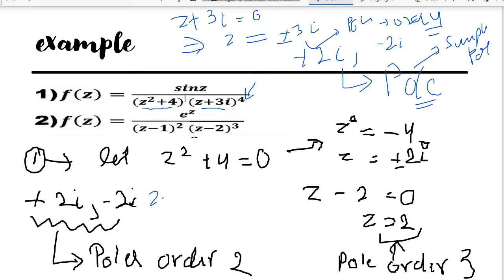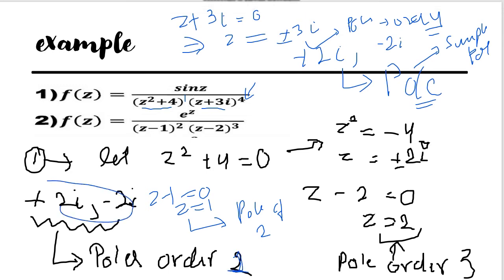Similarly, looking at the second example, let us put z minus 1 equal to 0. So z is equal to 1. What is it? Pole of order 2.